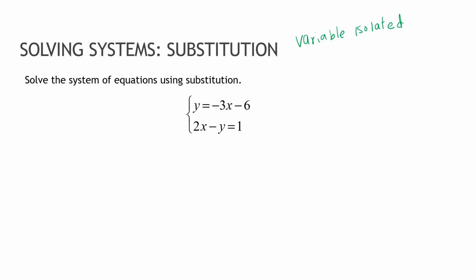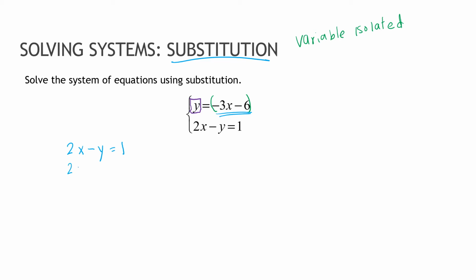For substitution, whichever variable is isolated, I'm going to put parentheses around what it's equal to. I'm going to take the other equation, in this case 2x minus y equals 1, and I'm going to substitute the stuff in the parentheses.